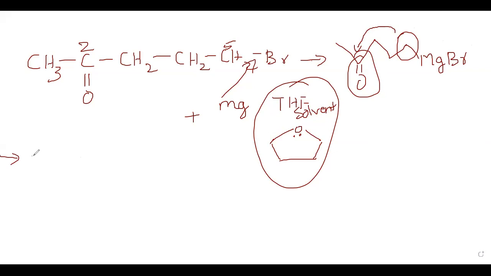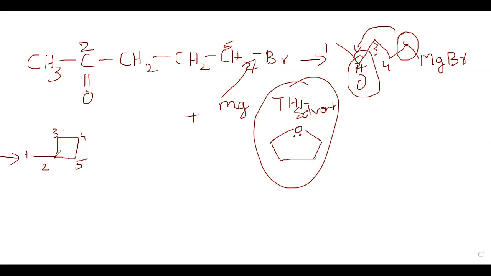So first carbon atom is left out. Second carbon atom is here. Third carbon atom is here. Fourth one is here. Fifth one is here. Fifth one is again getting attached to the second one, isn't it? 1, 2, 3, 4, 5. Now what happens after hydrolysis?